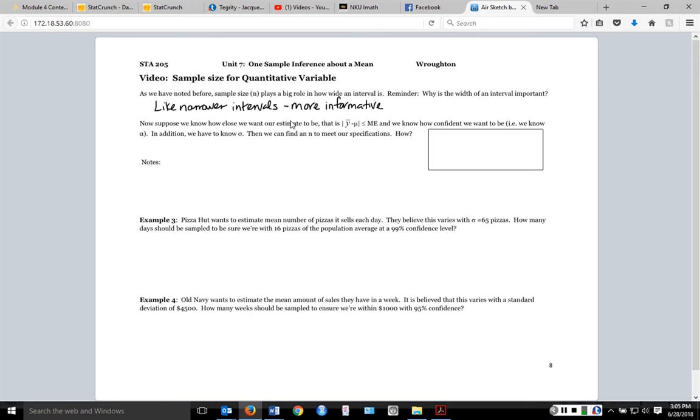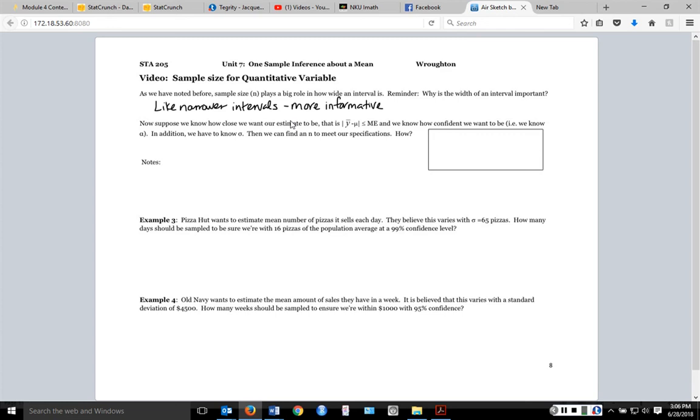Even if I don't like the values, it's more informative. If I told you the population mean exam score is somewhere between a 10% and a 90%, that's not very helpful. But if instead I can say that I believe it's between a 65% and a 72%, even though you might not like those numbers, it's a much narrower idea, so you really have a much better clue of what's going on.